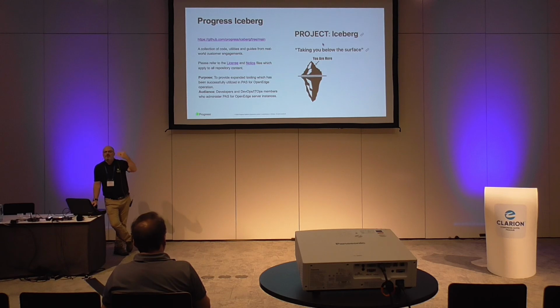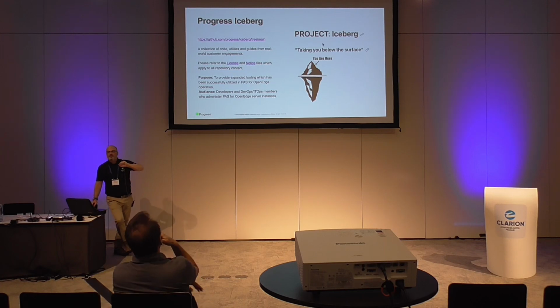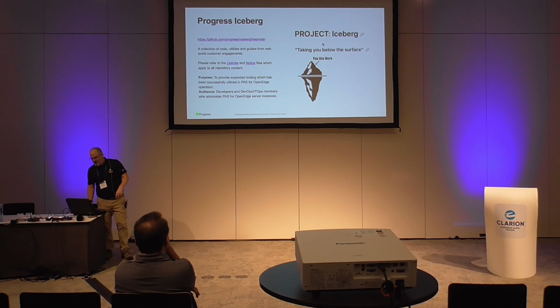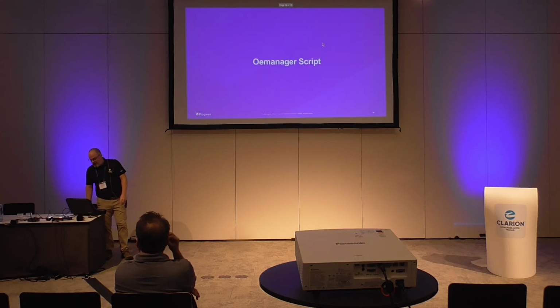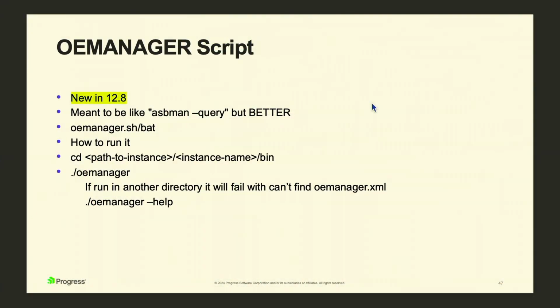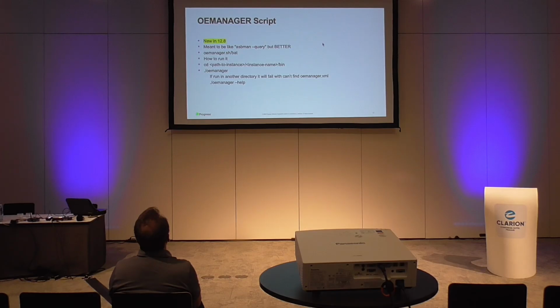They were using them over and over with customers, so they decided, let's publish them so that anybody can have them. One of the scripts in there is OE Manager, and it's actually deployed as part of 12.8 right now. So when you deploy your 12.8, you've got part of Iceberg in there.